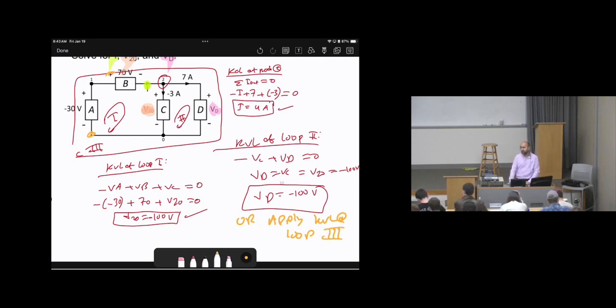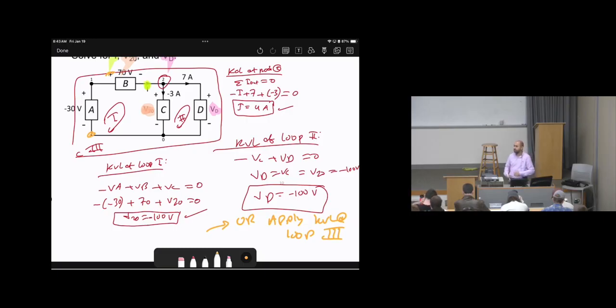There is a third way. Can anybody get it? Negative 100 volts. Yes. How can I reach the third way to get VD? Minus VA plus VB and then plus VD. Yes, this is KVL at loop 3, which we did here.